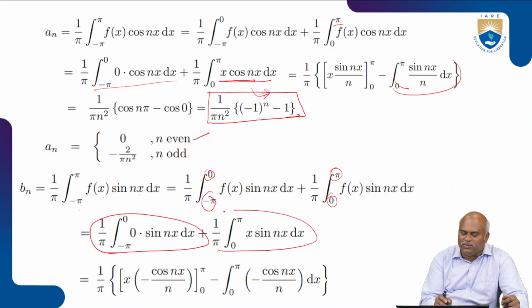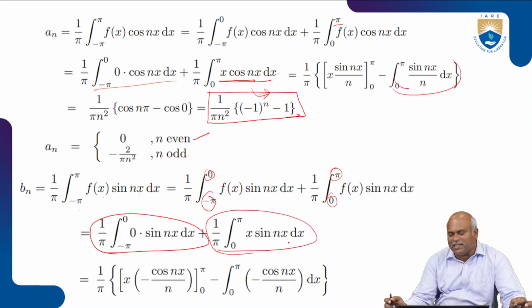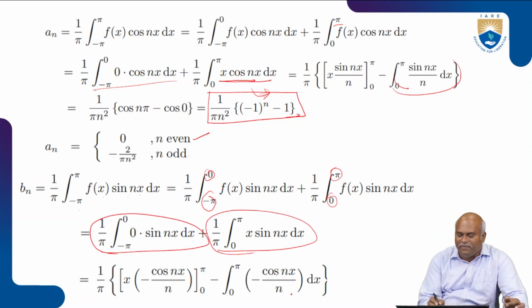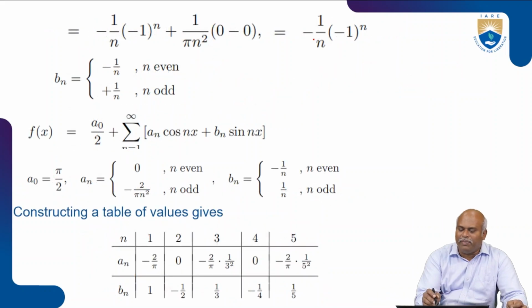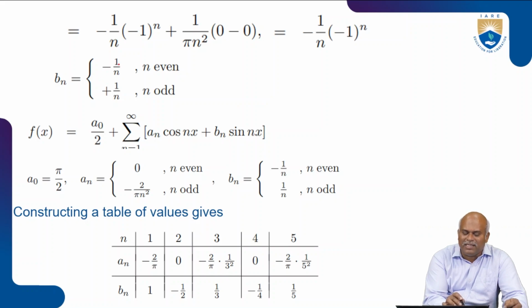Then for the other portion we use the integration substitution method. After substituting the interval 0 to pi, we get b of n equal to minus 1 by n times minus 1 whole power n. So when n is even, we get minus 1 by n, and if n is odd, we get plus 1 by n.